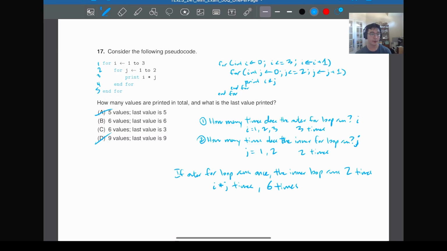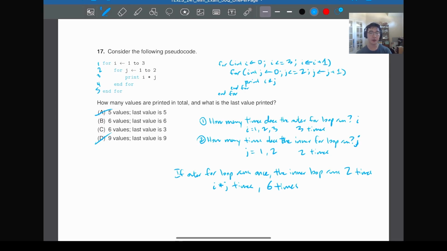Now we have to decide what is the last value that is printed. Well, ask yourself, what is the last value of i? And what is the last value of j? So i starts out as 1, and then it's 2, and then it's 3. j starts out as 1 and then it's 2.